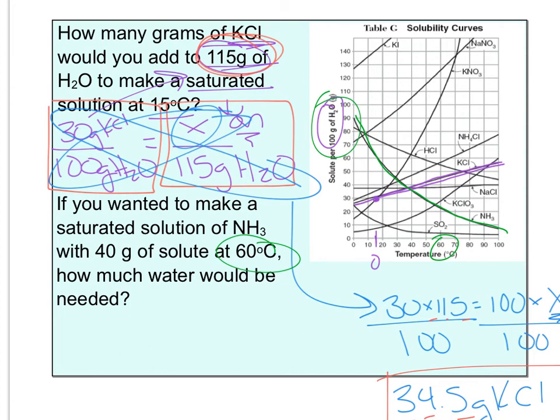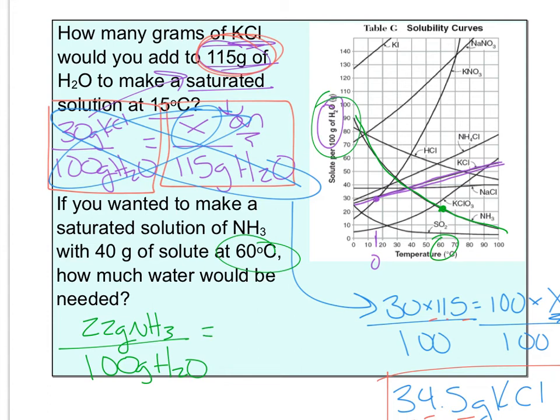So at 60 degrees Celsius with NH3, it looks like I'm on the line right about here. Kind of looks like about 22 to me. So what I just figured out is if I add 22 grams of NH3 in 100 grams of water at 60 degrees Celsius, I make a saturated solution.